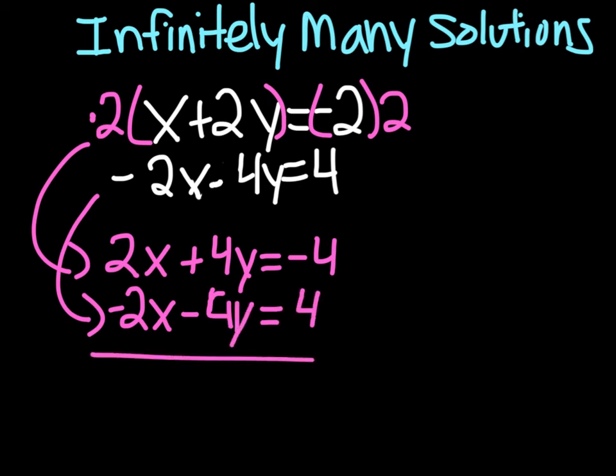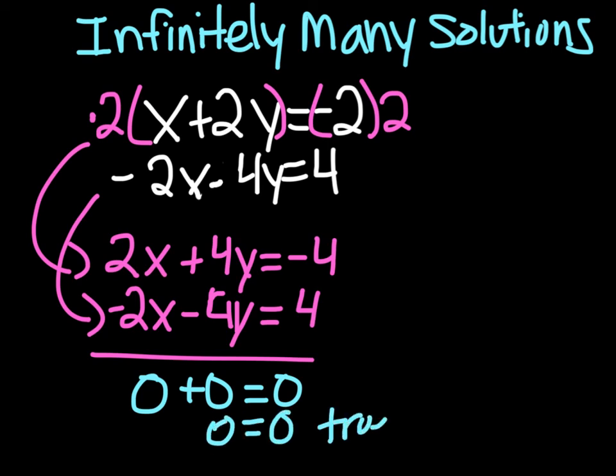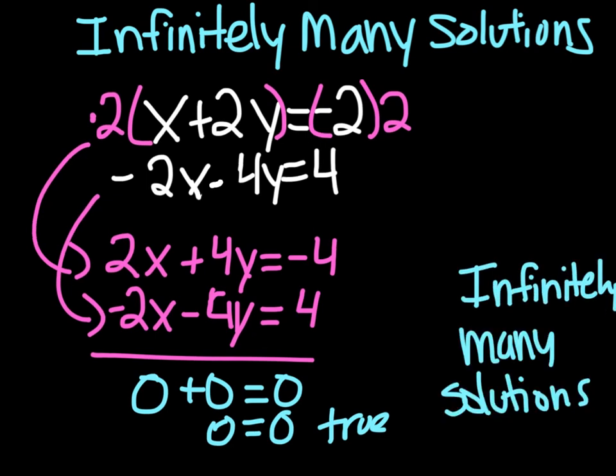When I solve this system, I get 0 plus 0 equals 0. Or I get a true equation. 0 equals 0 is true, so that means that we have infinitely many solutions, because any x-y combination that works in our first equation will also work in the second.